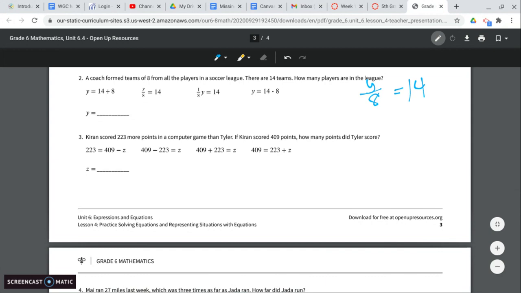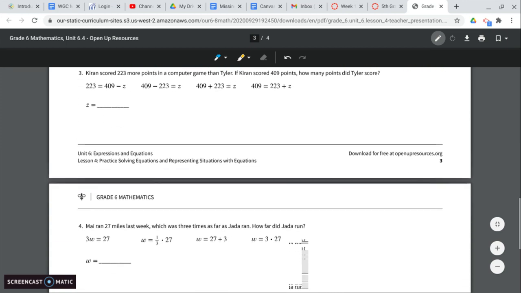So in order to solve this, we would multiply by 8. So this one works, and this one works. Anytime we say that something's divided by a value and there's nothing in the numerator, it's the same thing as saying we're multiplying by 1/8. So 14 times 8 is 112.